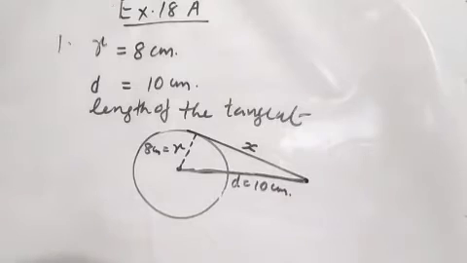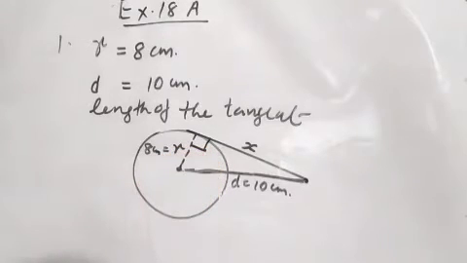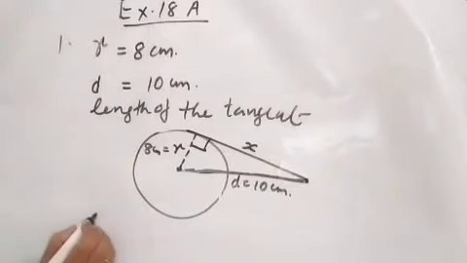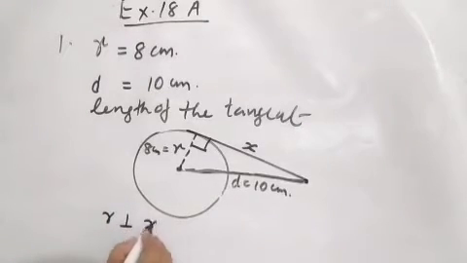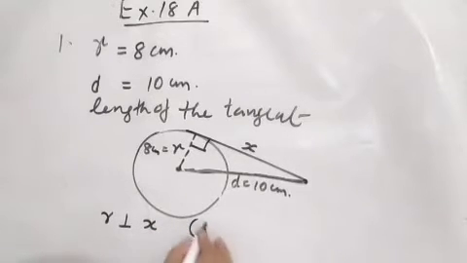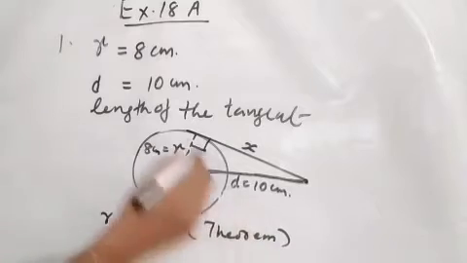Length of the tangent? Yes, we can apply Pythagoras theorem. Why? Angle between radius of a circle and tangent is always 90 degree. R is perpendicular to X by the theorem. So this is a right angled triangle.